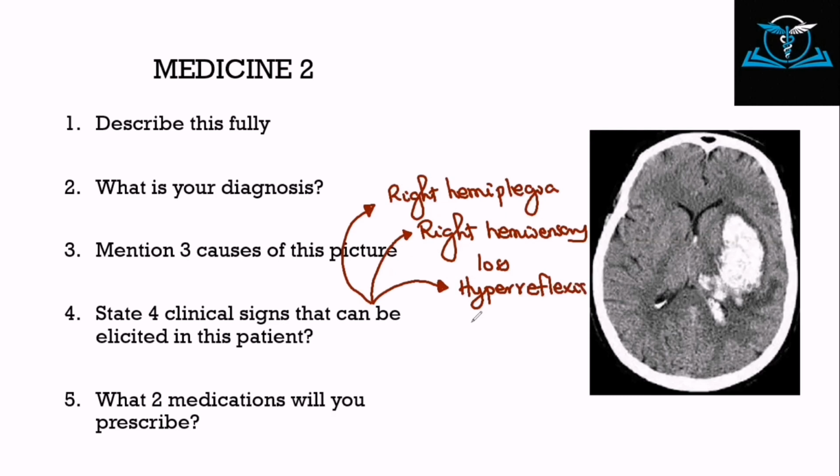Hyperreflexia on the right. Okay. What else? Right-sided hypertonia. Yes. Hypertonia on the right. If you're able to list these four, please hold it. Don't do a lecture. Hold it and move on. Don't give 5. You score 0. I'm warning you. It's not my rule.